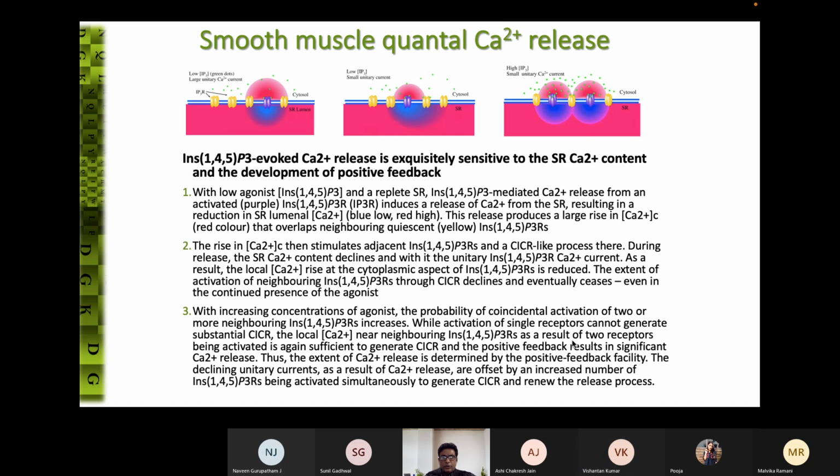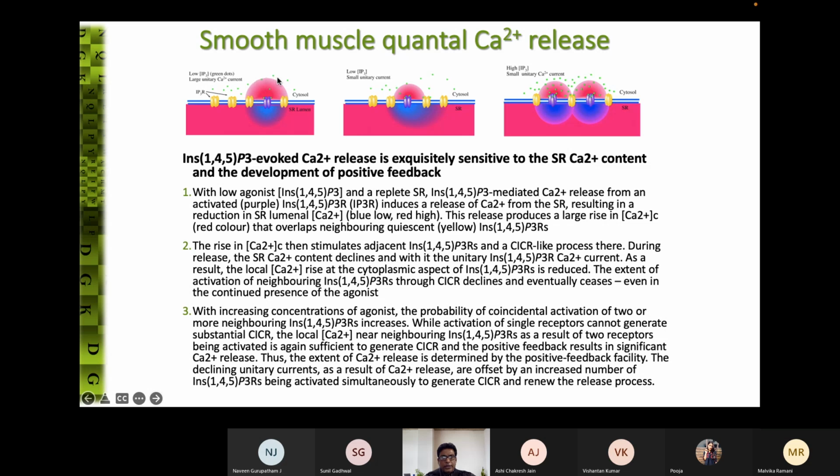So what this particular slide shows is essentially that inositol 3-phosphate could bind to these receptors and release calcium from the lumen into the cytosol.